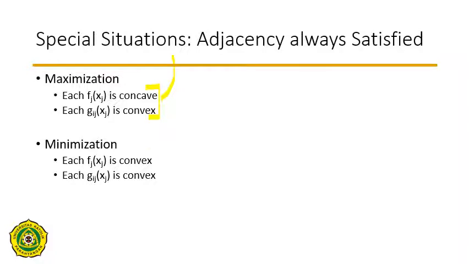For minimization, if all your fj(xj) is convex, and all your gij(xj) is convex, then it is also included in this special situation.